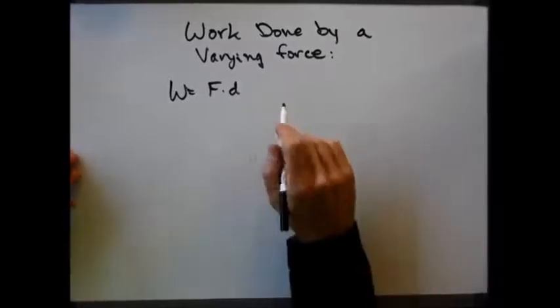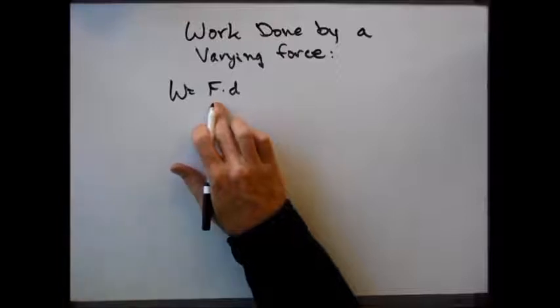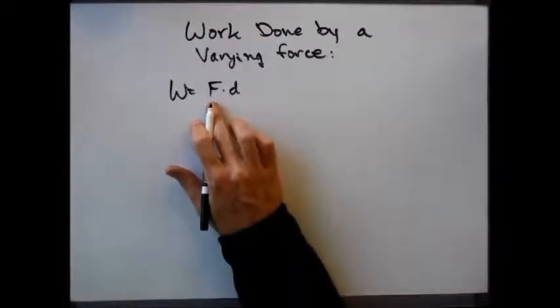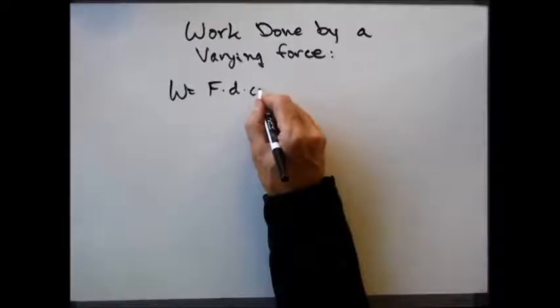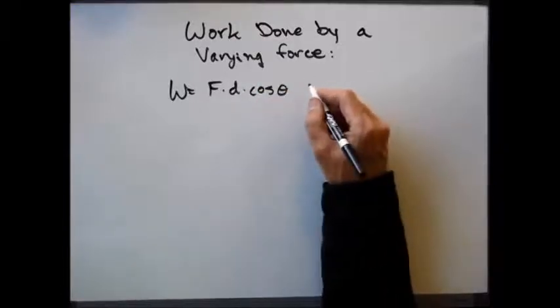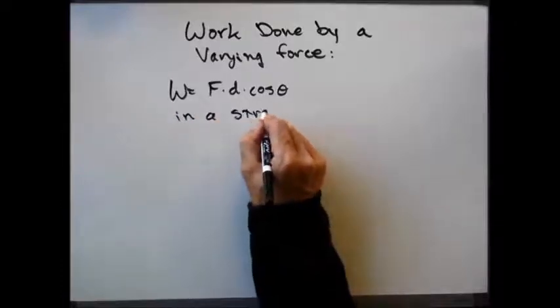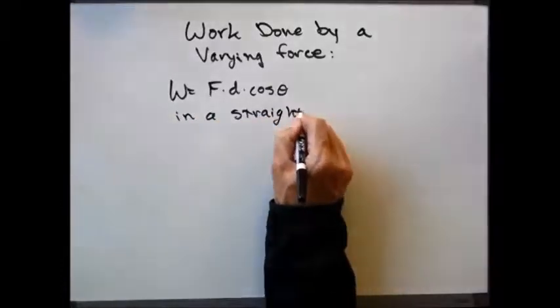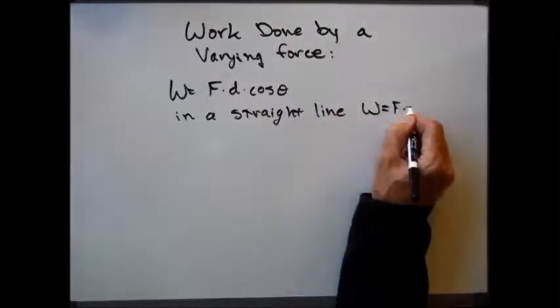So now we're going to talk about the work done by a varying force. If you remember, our original equation for work done was force times distance times cosine theta. But in a straight line, we just said work equals force times distance.